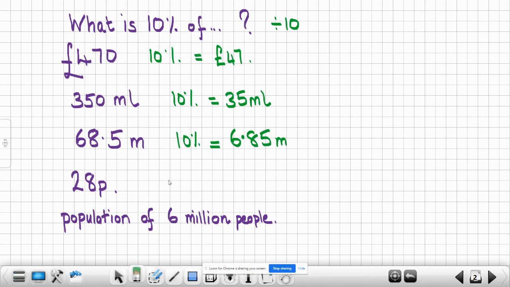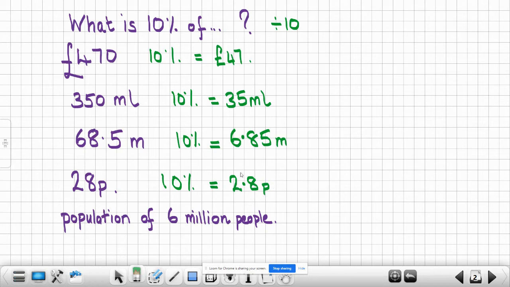And then finally, we've got 10%. No, sorry, not finally. Penultimately, we've got 10% of 28p, which is 2.8 pence. And this is a typical example, and you can see this when you look at things like petrol prices or gas or electric bills.